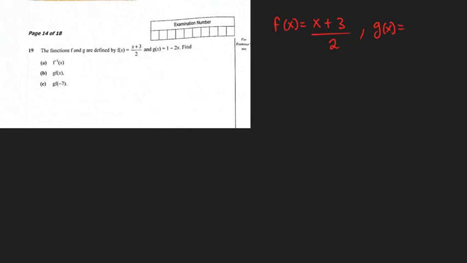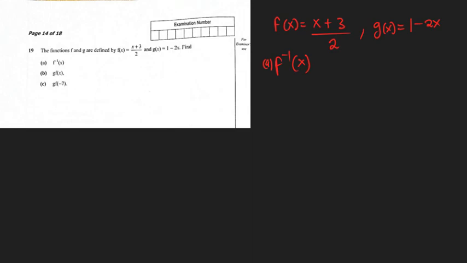g of x is equal to 1 minus 2x. Now, the first question is saying f inverse of x.